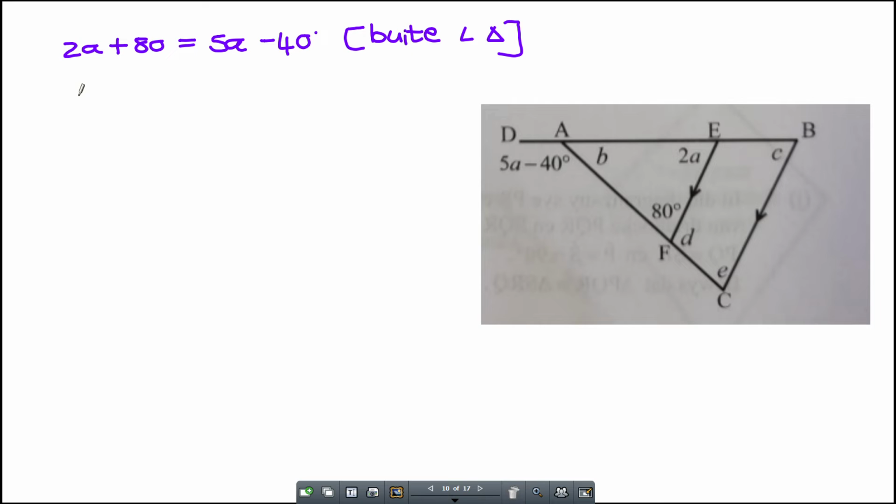Okay, met ander woorde, 3A is gelyk aan 120, so A will be 40. Right, so if I go substitute in, then it means that AEF gaan wees 2 keer 40, in other words, 80, and that is also the same as AFE. Nee, nou praat ek verkeerd.